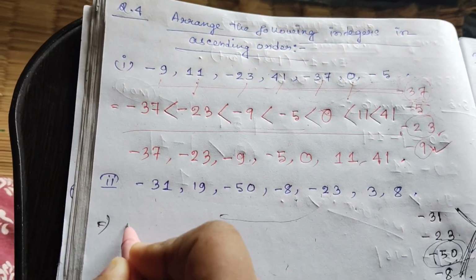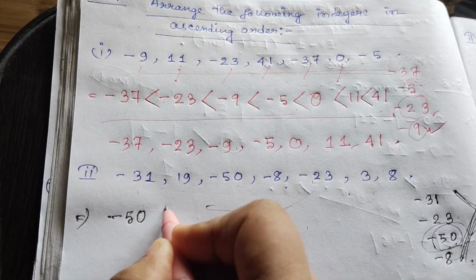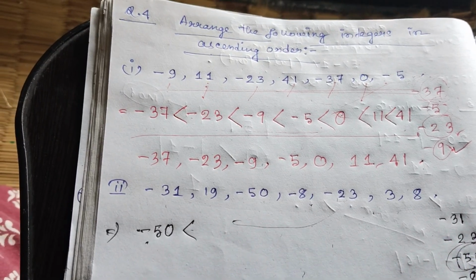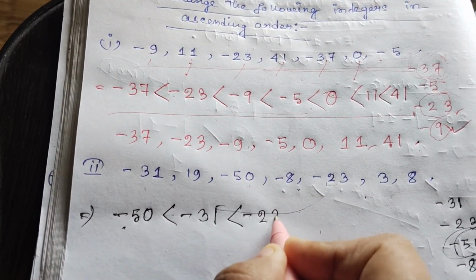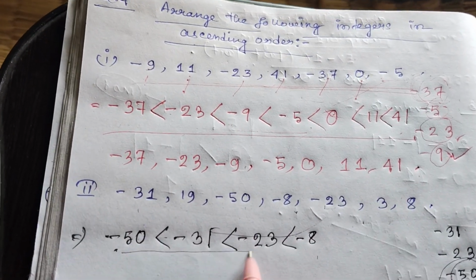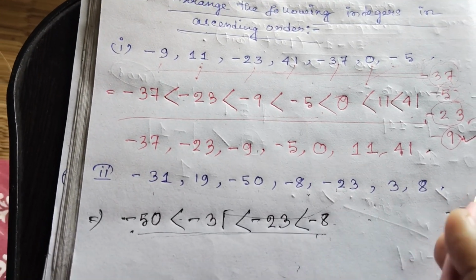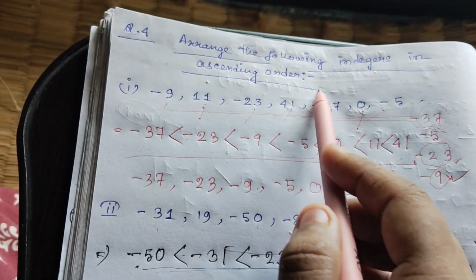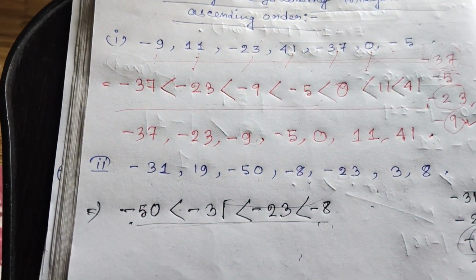In that way we can write -50, then -31, then -23, then -8. After completing the negative integers, we will put the positive integers, right? Because we are arranging in ascending order, we have to arrange from negative to positive, smaller to bigger.